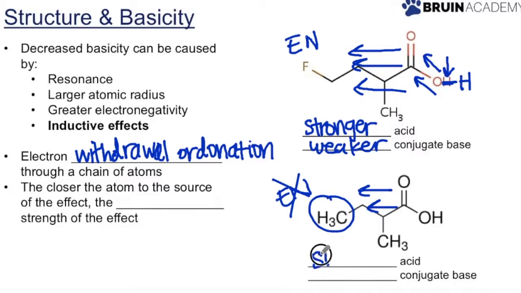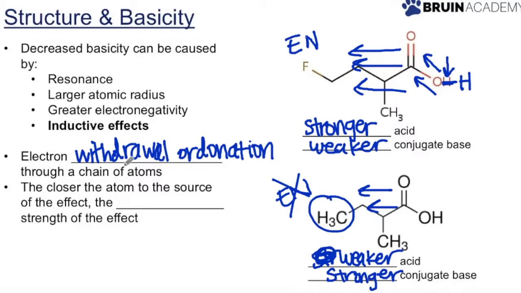So this is considered a weaker acid compared to the molecule up here, and as a result, it has a stronger conjugate base. The reason it's a weaker acid is that it is less likely to give up its proton, since there's not as much electronegativity pulling the electrons away from this bond.